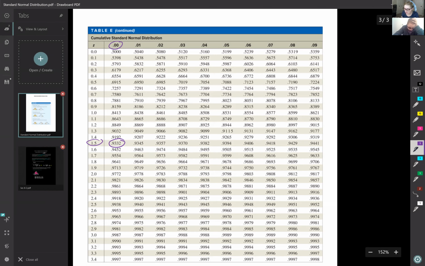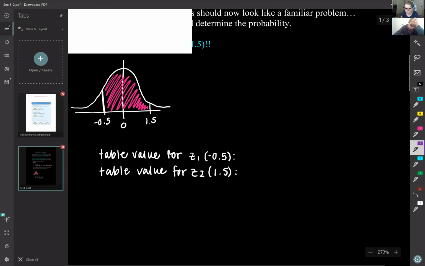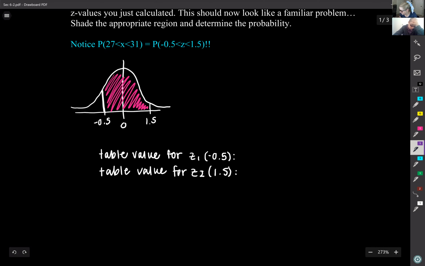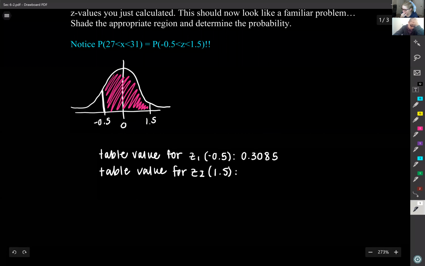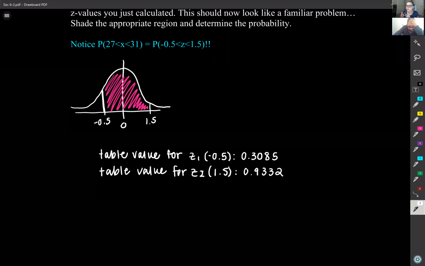Okay, let's come back and write those numbers down. For negative 0.5, we got 0.3085, and for 1.5, we had a value of 0.9332. Remember, like we did last class period, we take the table value associated with the z-score that is furthest right on the diagram, and we subtract the other table value from it.